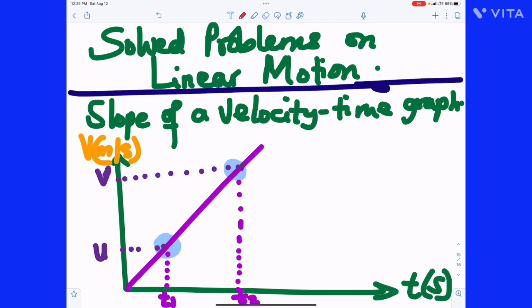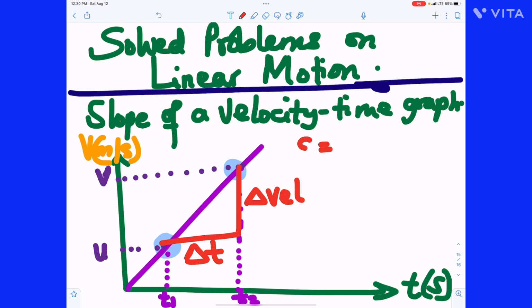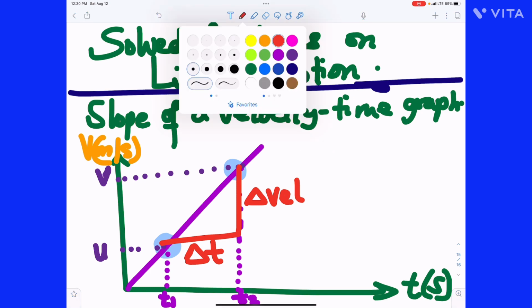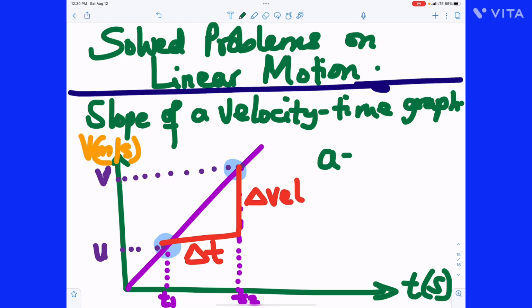So the slope of this triangle will be delta y, which is the same thing as change in velocity over change in time. Change in velocity over time is change in velocity per unit time, and that's the same thing as acceleration, which is (v minus u) over (t2 minus t1).